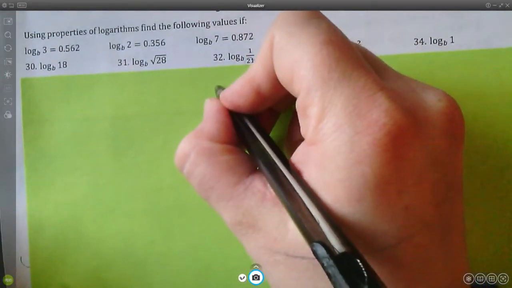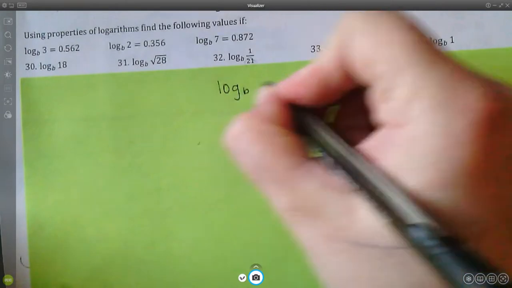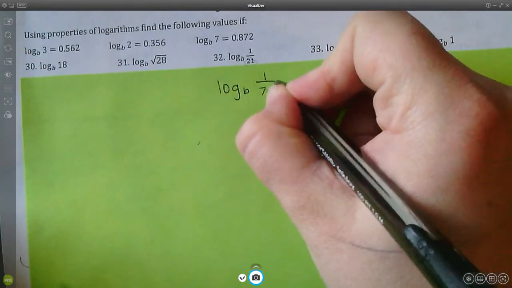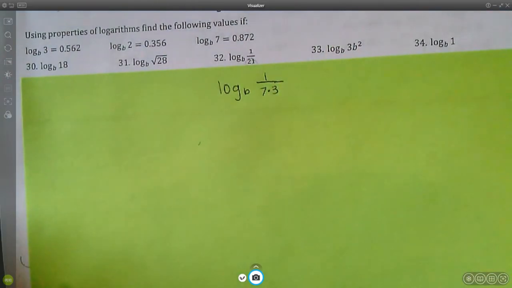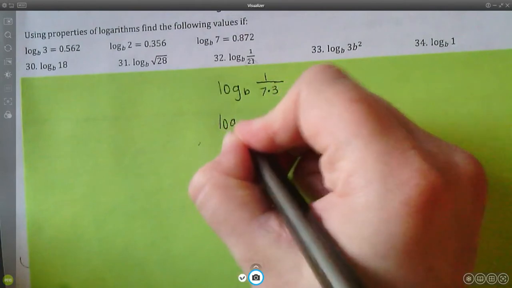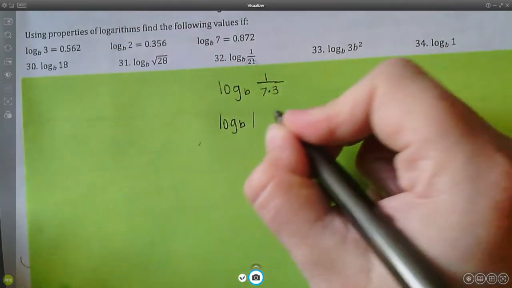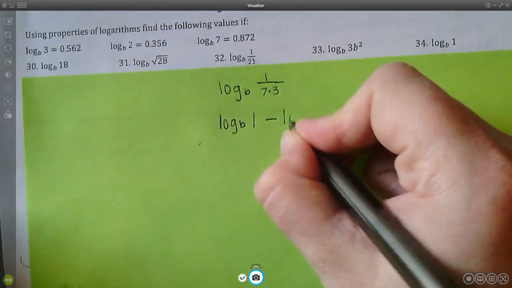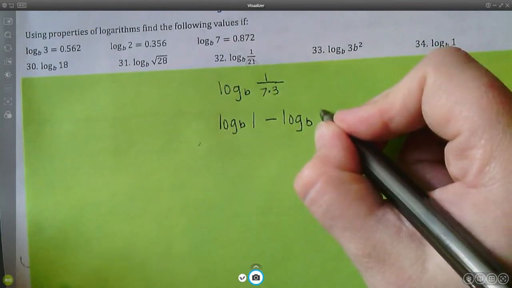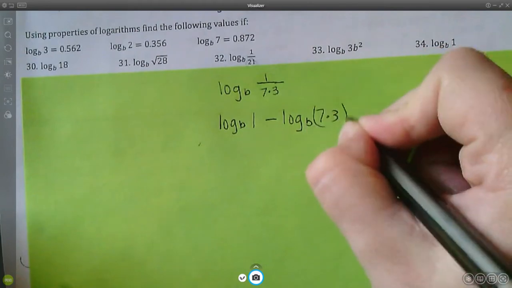So we can rewrite this as log base b of 1 over 7 times 3. Then we can rewrite this as log base b of 1 minus log base b of 7 times 3.